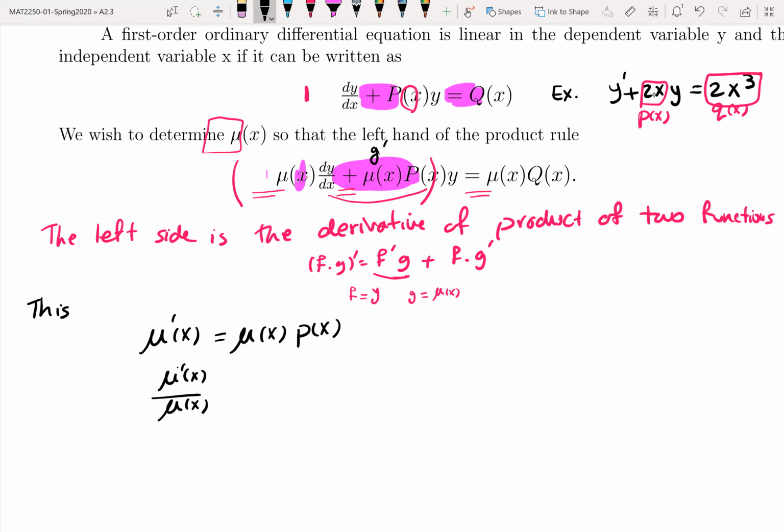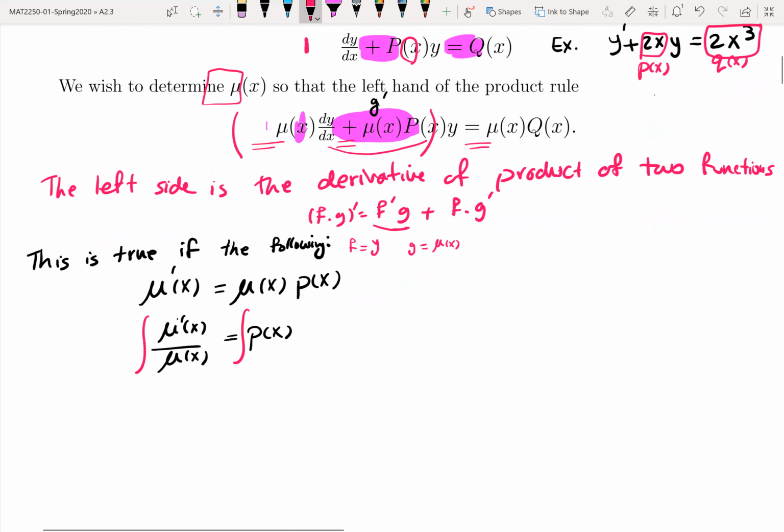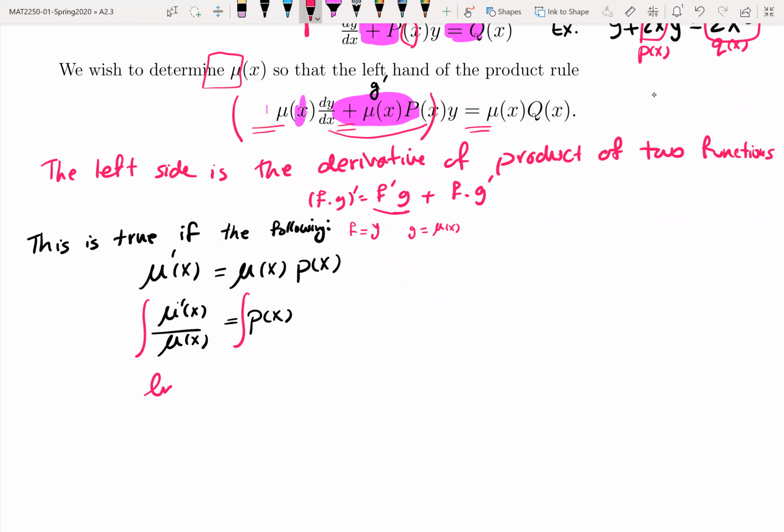This is true if the following is true. The process of solving this is to integrate both sides, and that is the natural log of the denominator, and this is p of x.